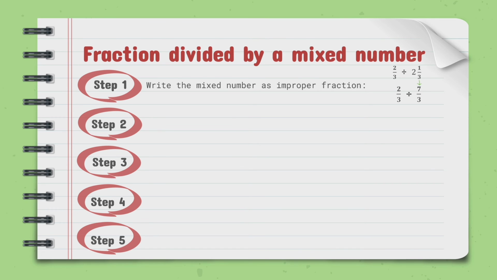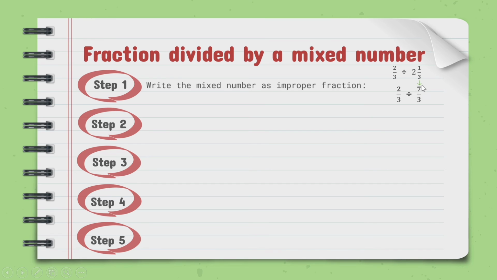Write 2 over 3 first, which is the fraction. You don't need to change it. It's already a fraction. And then just copy the division symbol, divide. And then to convert the mixed number to an improper fraction, 3 times 2, 6, right? 6 plus 1.